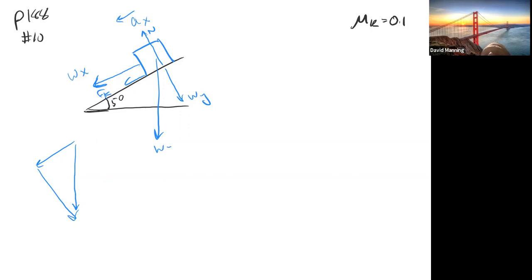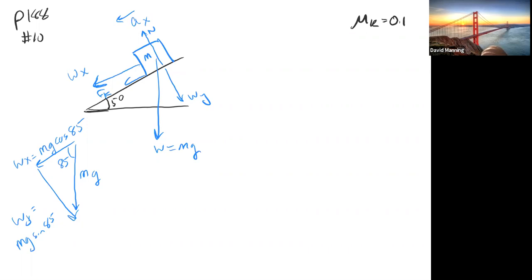W, remember, that's equal to mg. So this is mg. This is 85 degrees. So Wx is equal to mg cosine 85. Wy equals mg sine of 85. We know the object has a mass m. We have our 3 equations.